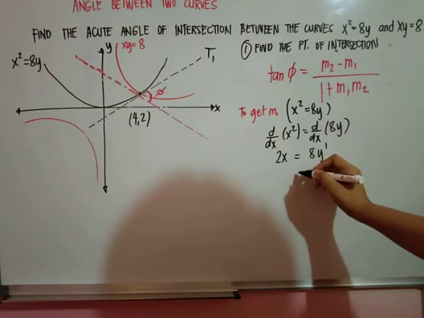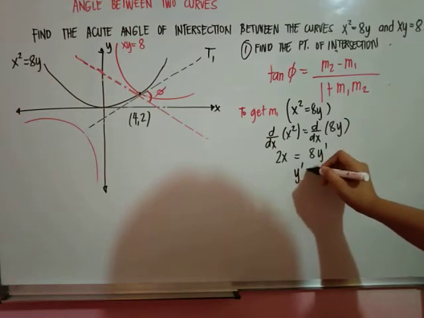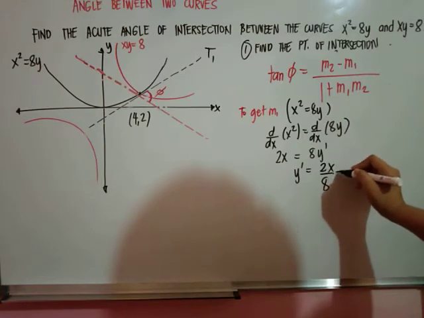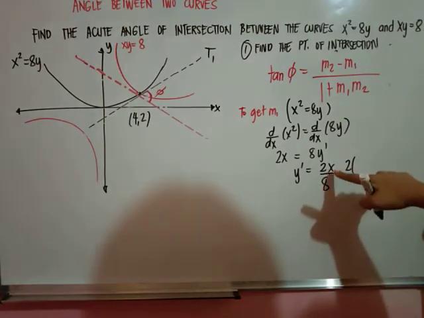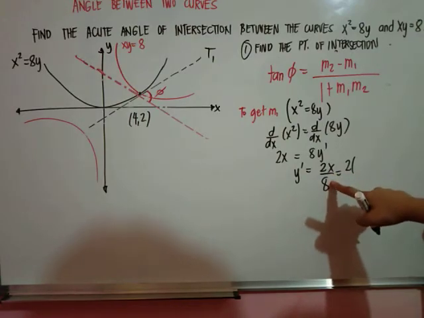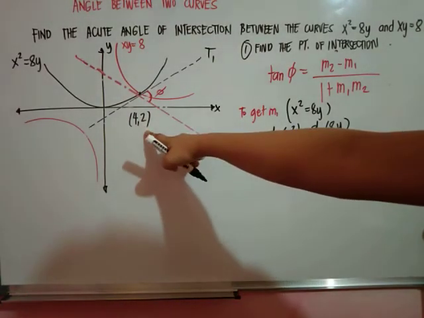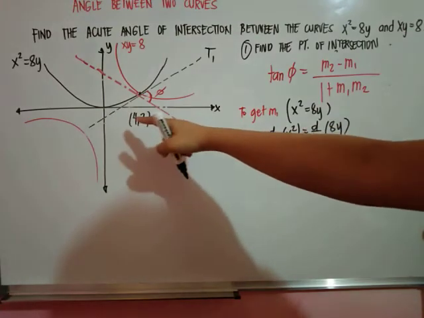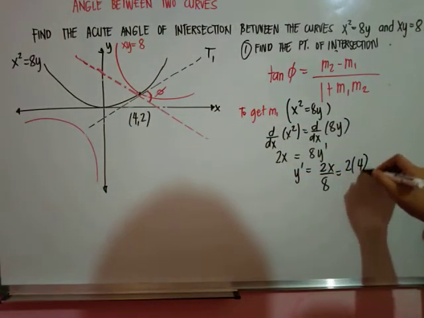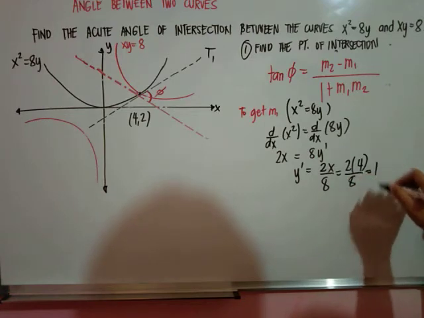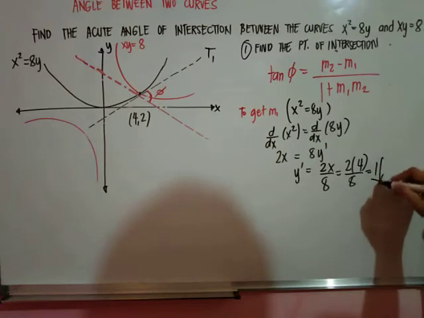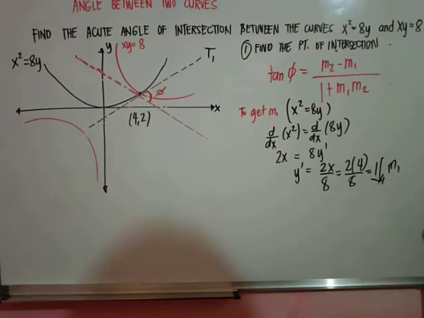Di ba yung y prime natin is yung slope natin. So, we have 2x over 8. Substitute natin yung value ng x sa point of intersection, which is 4. So, we have y prime is equal to 1. Or yung slope 1 natin is equal to 1.